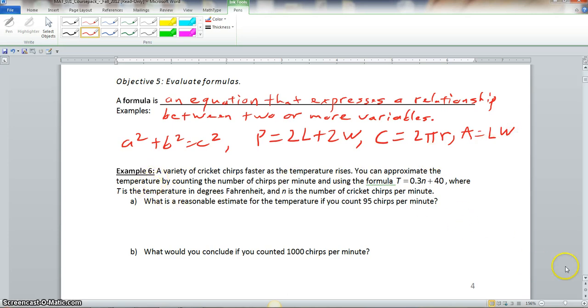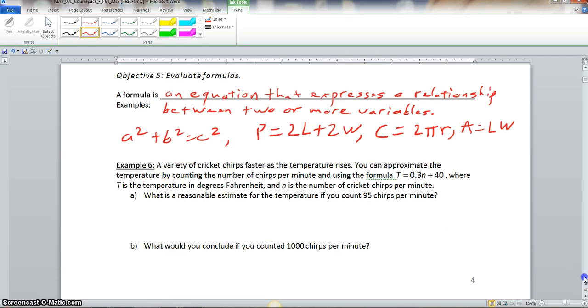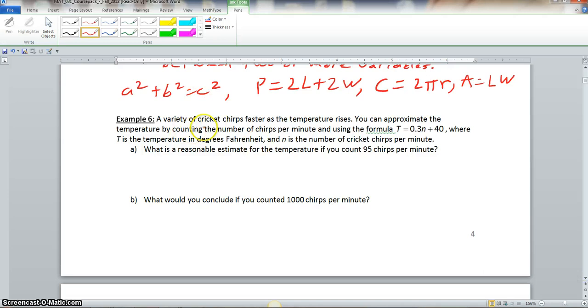Okay, now let's look here at example 6. It says here, a variety of cricket chirps faster as the temperature rises. You can approximate the temperature by counting the number of chirps per minute and using the formula T equals 0.3N plus 40, where T is the temperature in degrees Fahrenheit and N is the number of cricket chirps per minute.